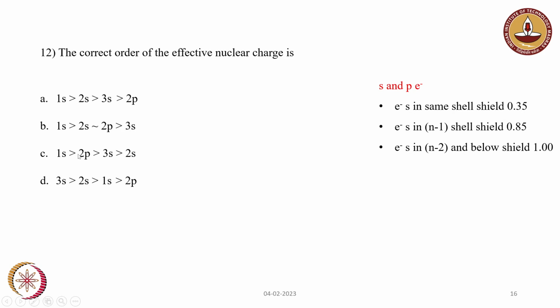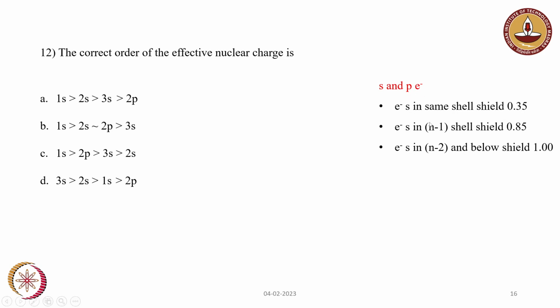C is 1s greater than 2p greater than 3s greater than 2s, and D is 3s greater than 2s greater than 1s greater than 2p. For this, we can use Slater's concept, where we calculate the shielding constant for s and p electrons.